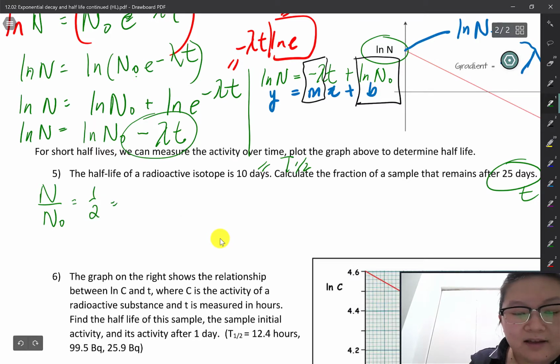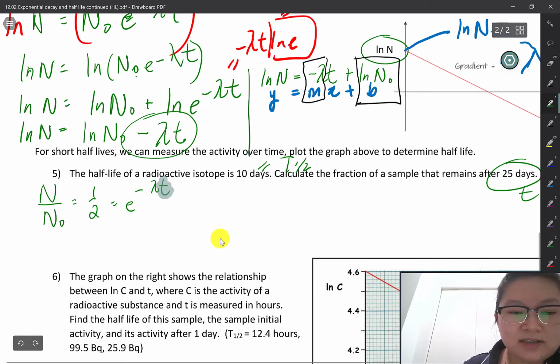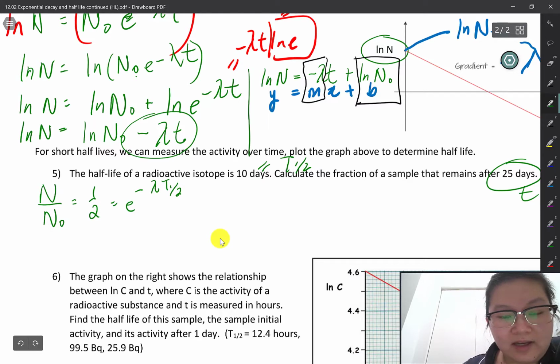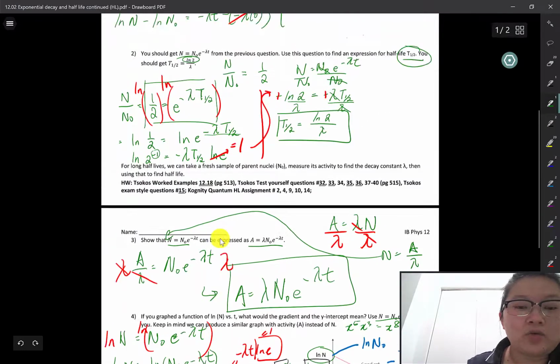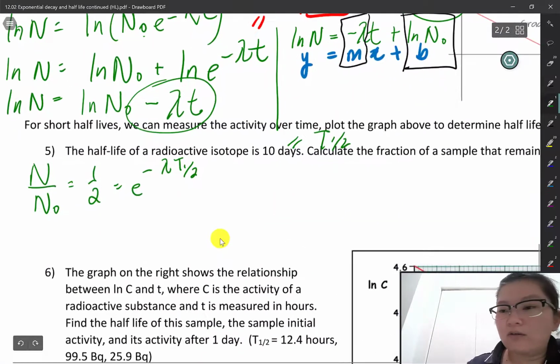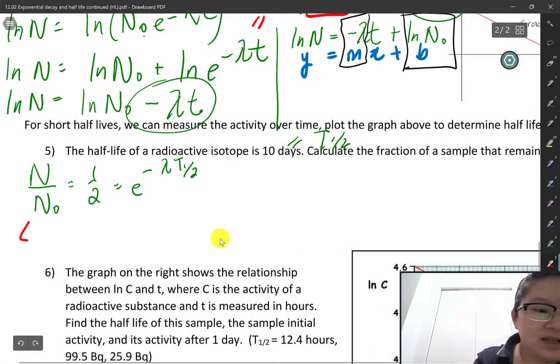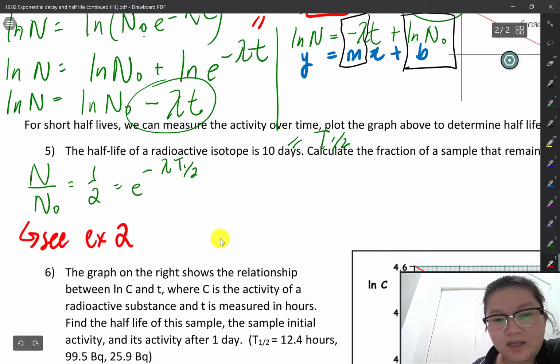And then after we rearranged it, the other side of the equation is going to look like e to the power of negative lambda t, in which this t is just going to be the half-life, and this is what we need to solve. So essentially you are doing question number 2. Okay, so I'm going to write a note here. See example 2.